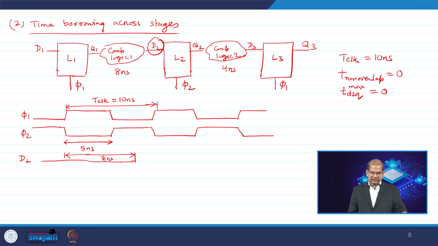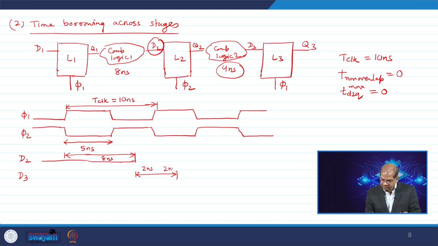Now the combinational logic 2 will start to work after 8 nanosecond. How much time is it taking? Your D3 will be available after 4 nanosecond. So it is taking 2 nanosecond from this side and 2 nanosecond across the clock edges.